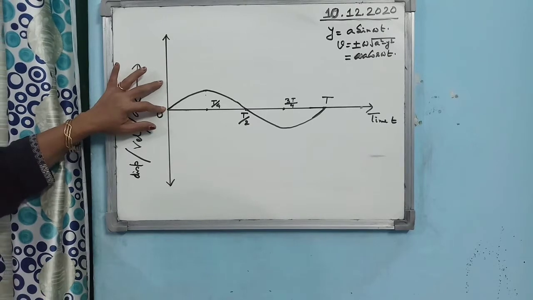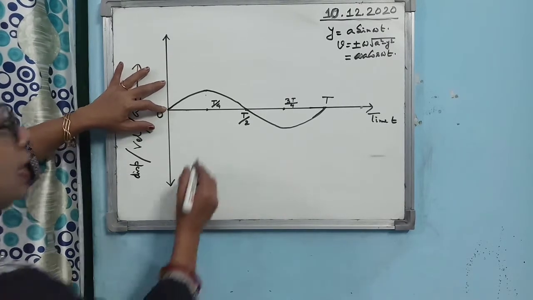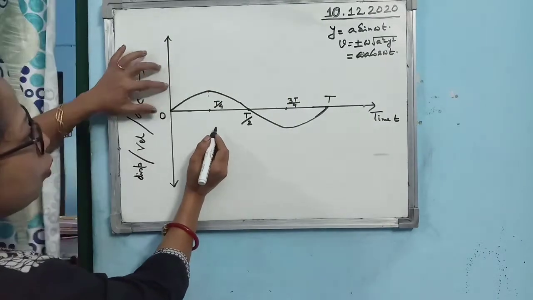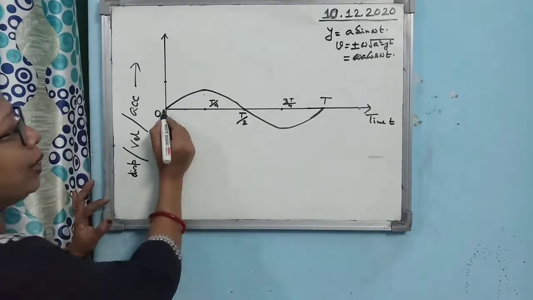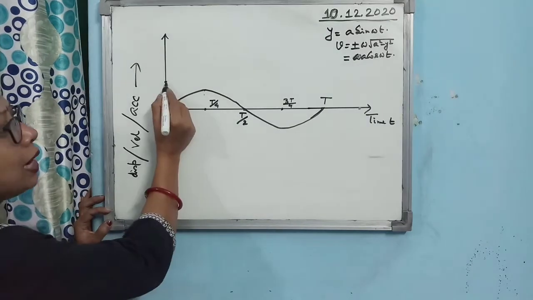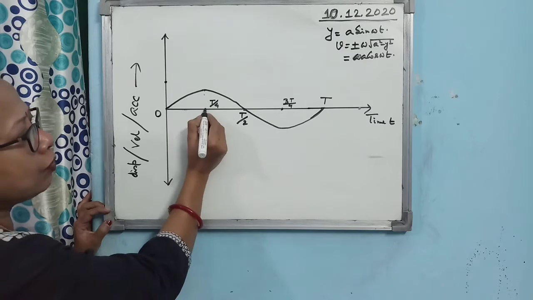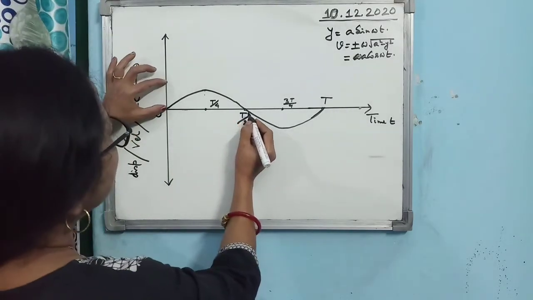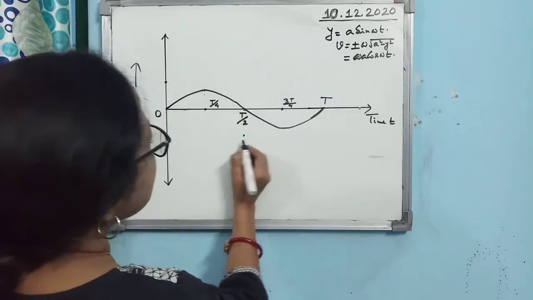And what is the maximum value of the velocity? Omega a. So if this much is a, the amplitude, then omega a will be a little higher, isn't it? When at the mean position velocity is maximum, then at time T by 4 velocity will be 0. Then at time T by 2 velocity will be maximum but in the opposite direction.